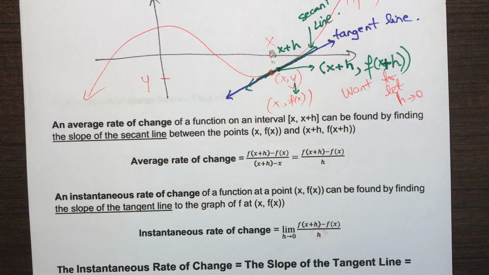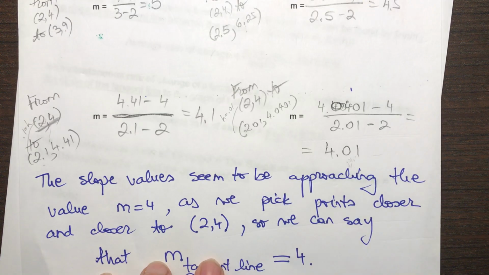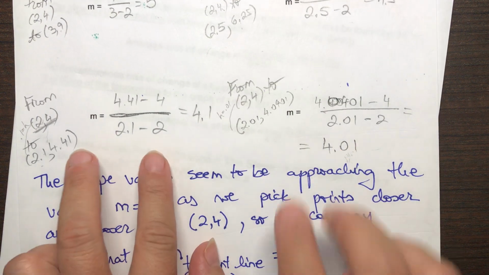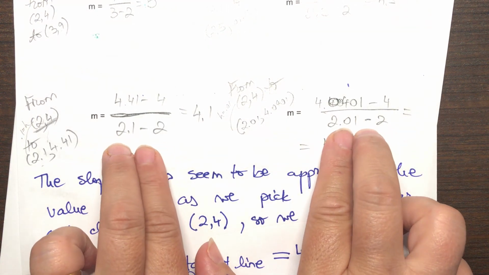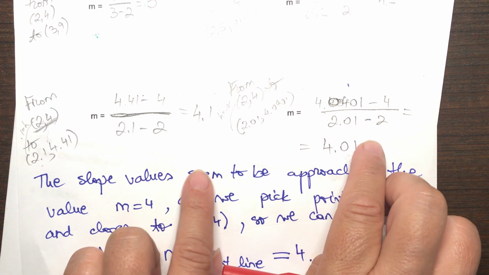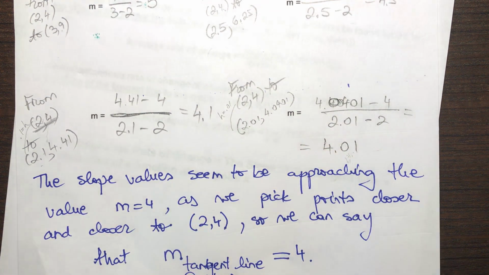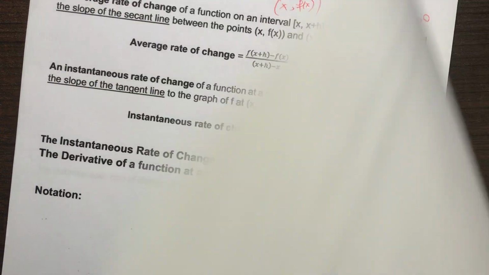Going back to the page before, how did we find the slope of the tangent line? By merging these values closer and closer to each other, making the distance between these points closer and closer to 0, so these values get closer and closer to 4.